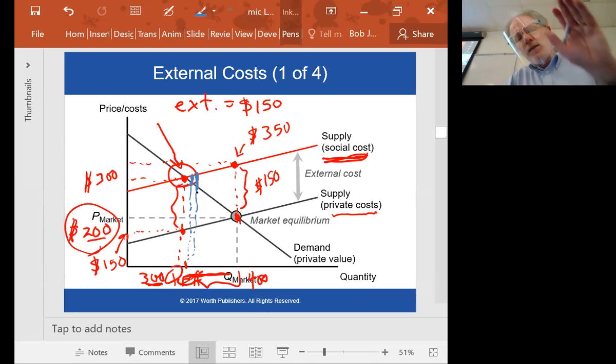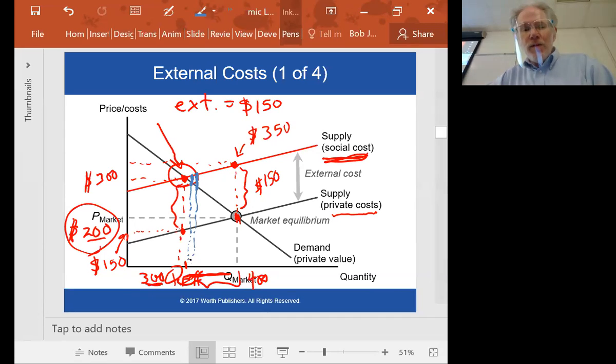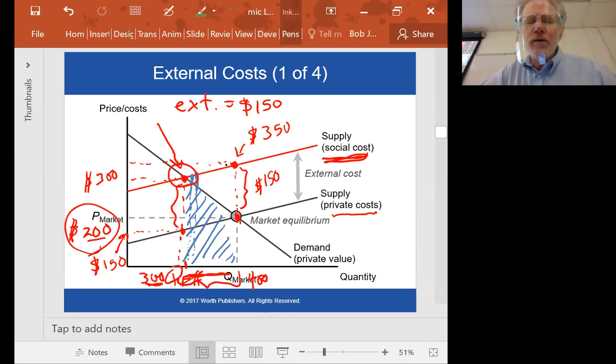And we can say that the total benefit to consumers of the last 100 units would be measured by the area under the demand curve. The total cost of those units would be measured by the area under the social cost curve. So clearly, the green area is greater than the blue area.